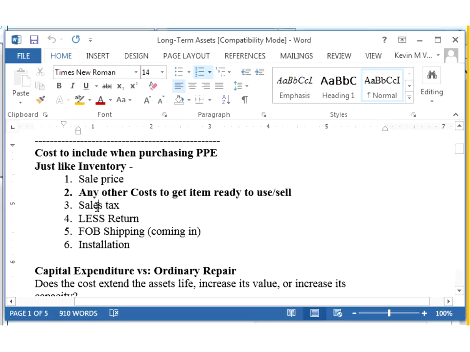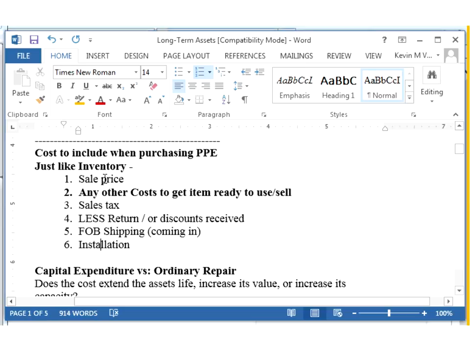We're going to be paying sales tax since we are the end user when it's equipment we're talking about. If there's any returns, or discounts that we receive, we're going to adjust for those. We're going to add in any shipping that we have to pay for. And then installation, anything that gets the item ready to use, just like what we did with inventory. Okay, that's the first new little section, even though it's kind of a review.